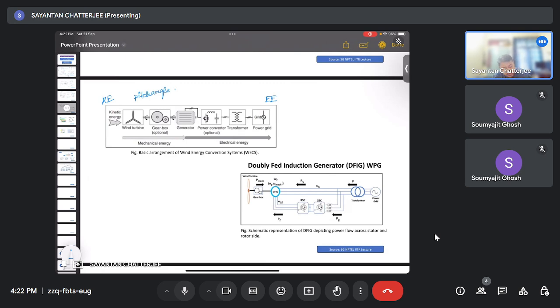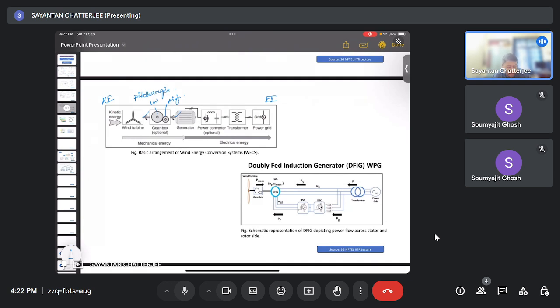In those cases there is a gearbox, where this side is slow and the teeth of these gears are more, so it is a low speed to high speed conversion stage, and accordingly the same shaft is connected to the machine.